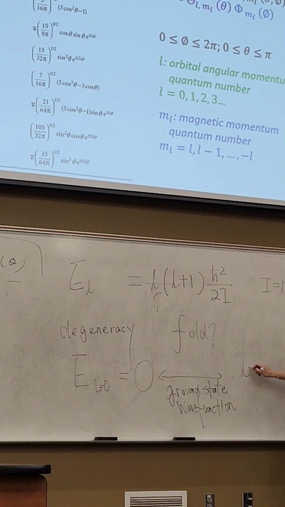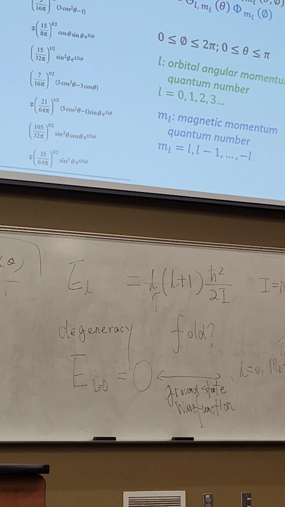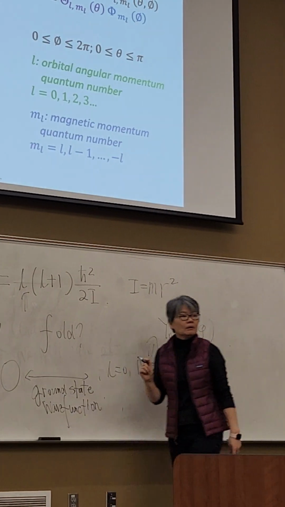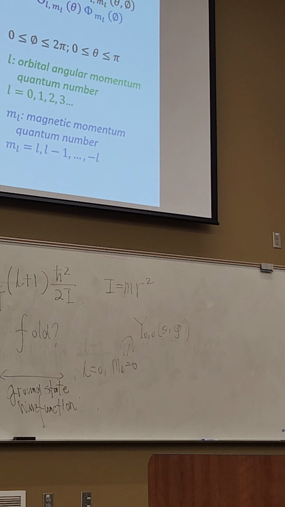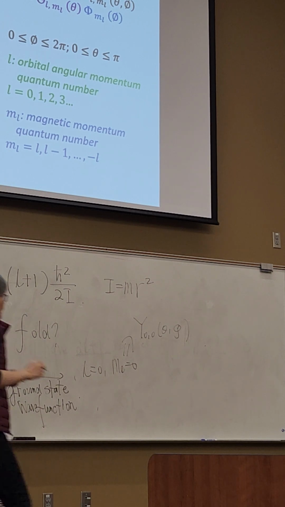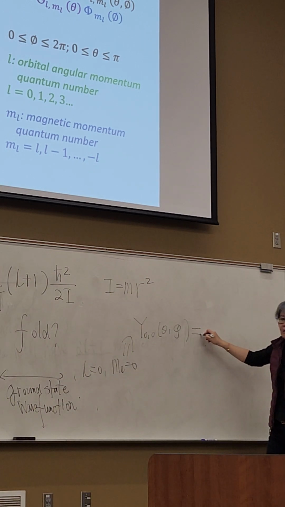So if L equals 0, what will be the M sub L value? 0. So I'm looking at the wave function of 0, 0. And then I can look at the table, so I know exactly what this ground state wave function is.